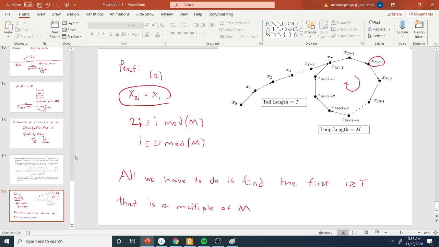So between the numbers t, t plus 1, all the way up to t plus m, there are m plus 1 numbers, and at least one of these numbers has to be a multiple of m. And so as soon as we find that multiple of m, then we will have found an x sub 2i that is equal to x sub i. So that completes the proof of part A.